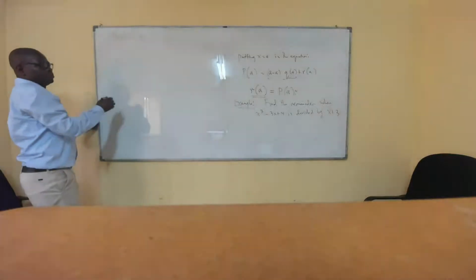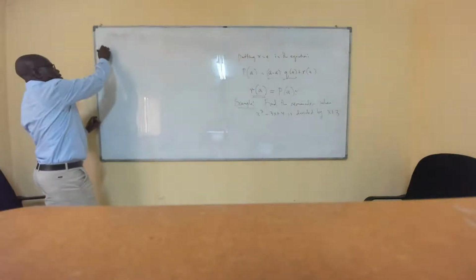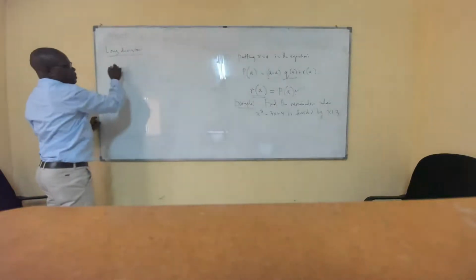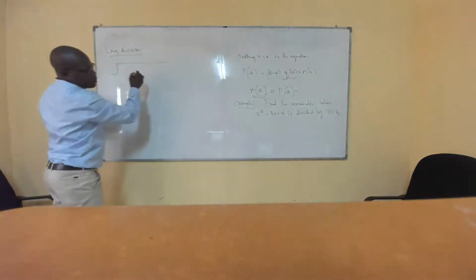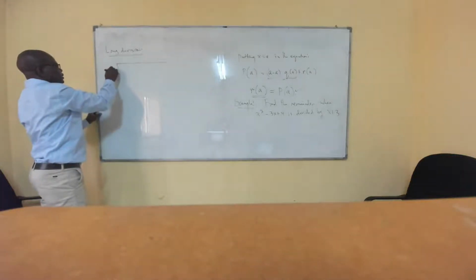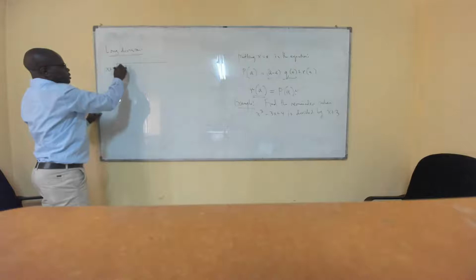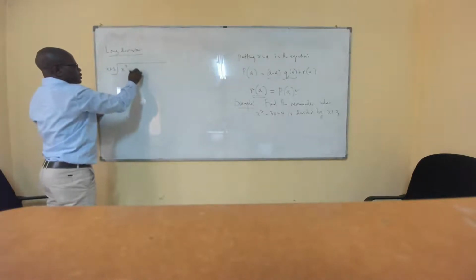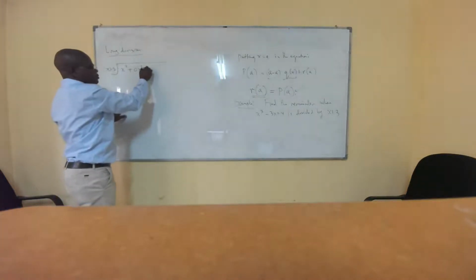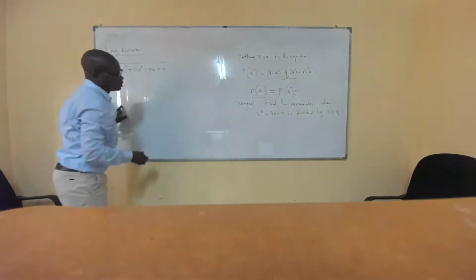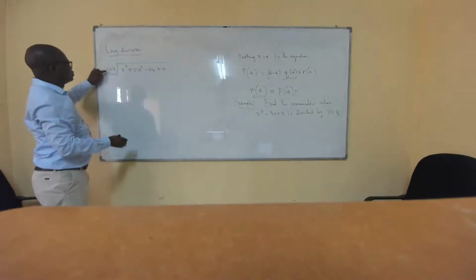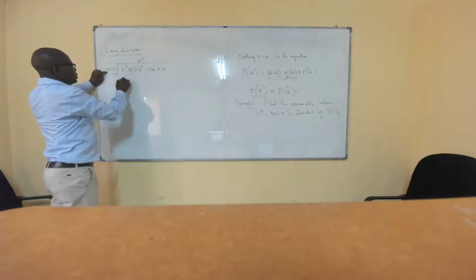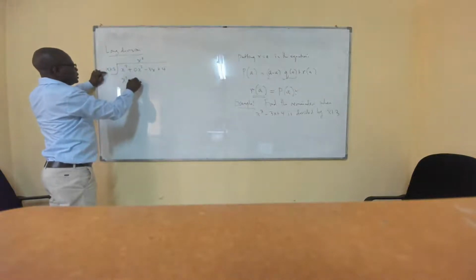But let's see, say by long division, you write x plus 3, then x to the power 3, there is no x to the power 2, so I insert a 0. Then I have minus 3x plus 4. So if I do this, it will be x squared, x to the power 3 plus 3x squared.